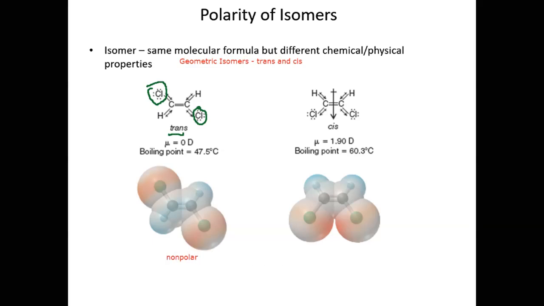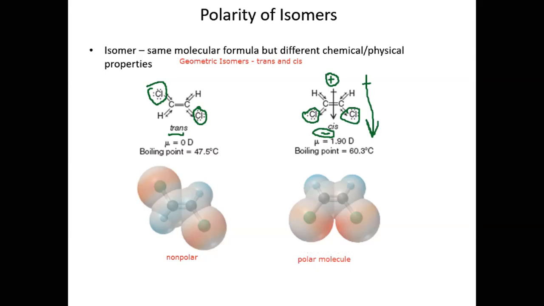Now with cis, as you can see, the chlorine atoms are on the same side. Since these are the more electronegative element, you get a negative charge on this end and a positive charge on this end. So you get a net dipole in this direction. So this is a polar molecule.